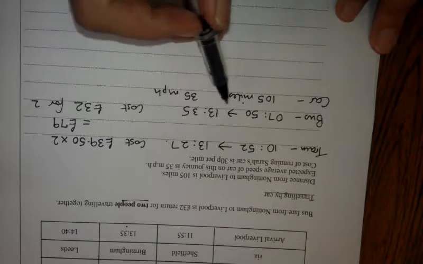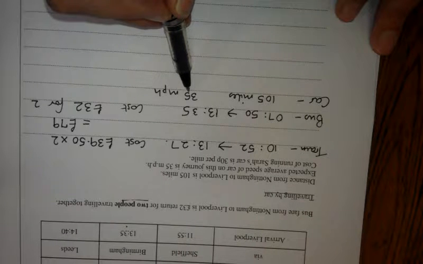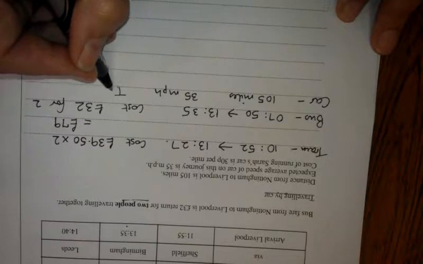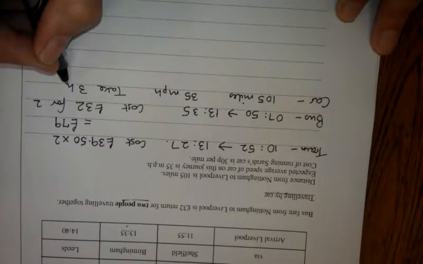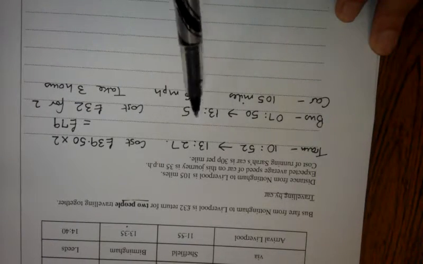How many 35s are there in 105? 35 and 35 is 70, and 70 and 35 is 105. So that's going to take me 3 hours. If you look at the times it took there and the time it took there, that's quite favourable.